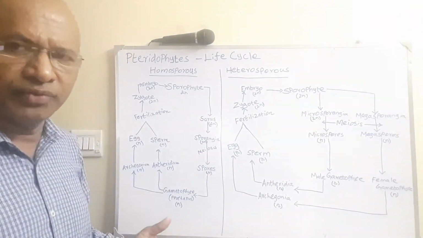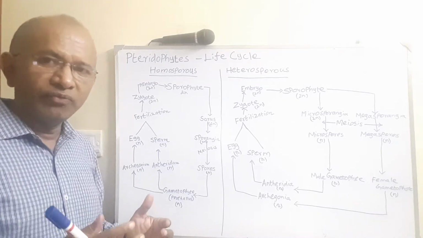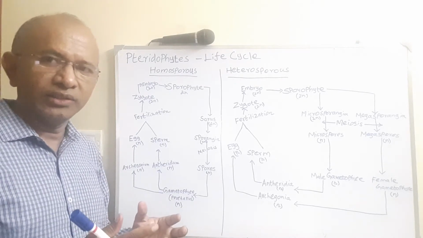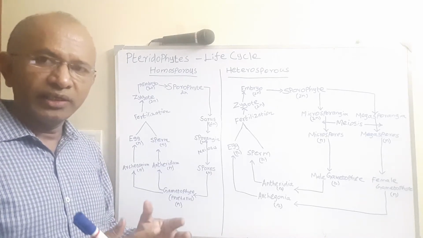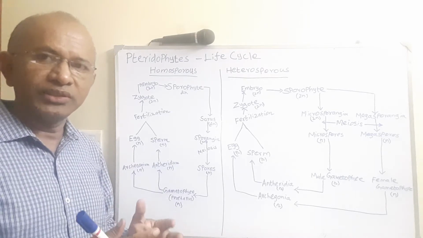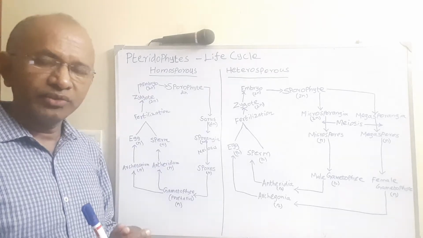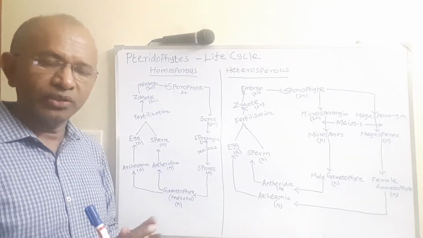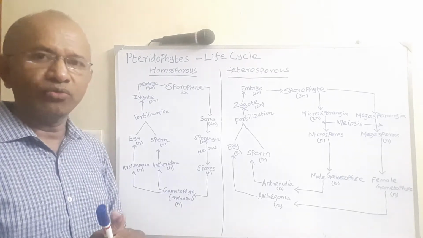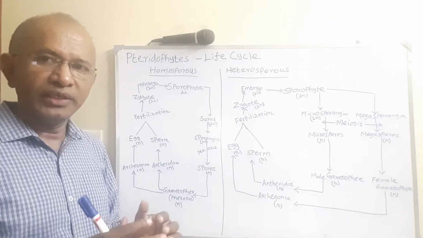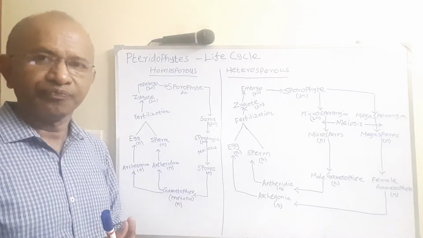This we know very well from our lower classes, that whenever an egg fuses with a sperm, we get a zygote. That zygote is diploid in nature. Now this zygote forms a thick wall around itself, and then it develops into an embryo.